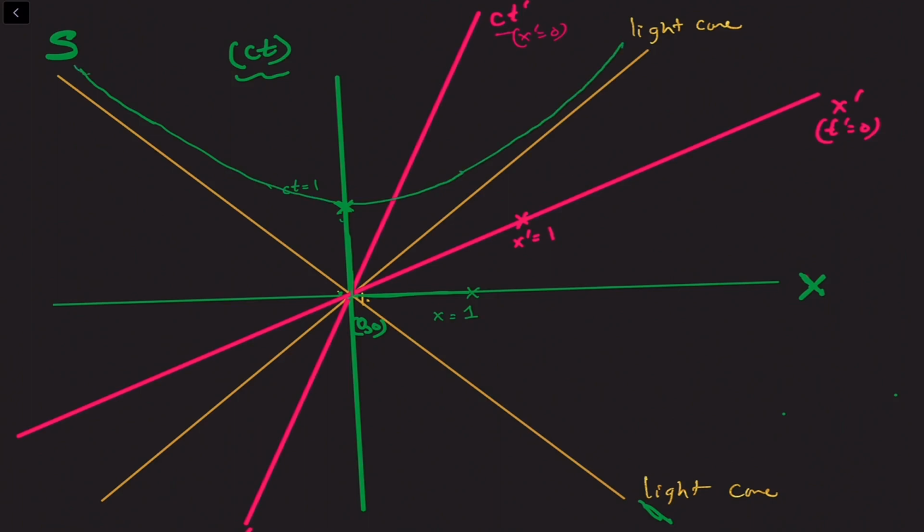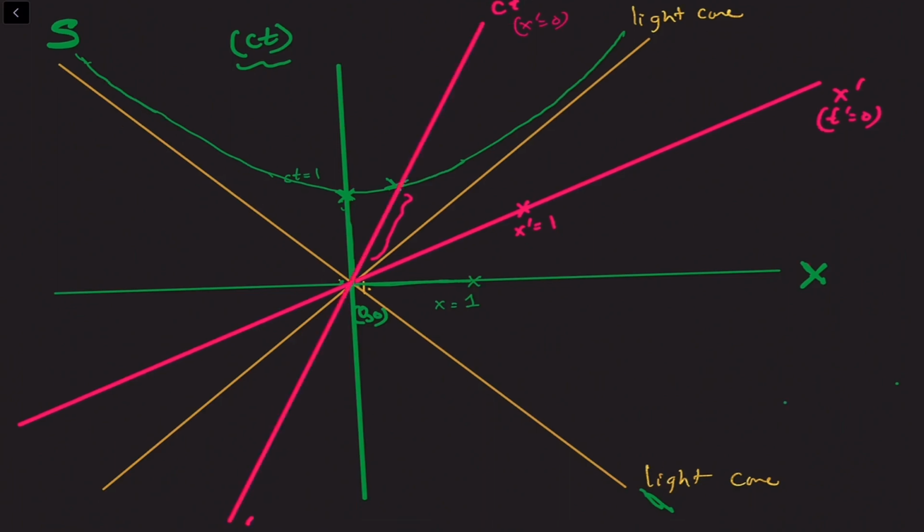And now we see where this unit hyperbola intersects the t prime axis, and this would define a unit length along ct prime is equal to 1. And this would define the point where ct prime is equal to 1.